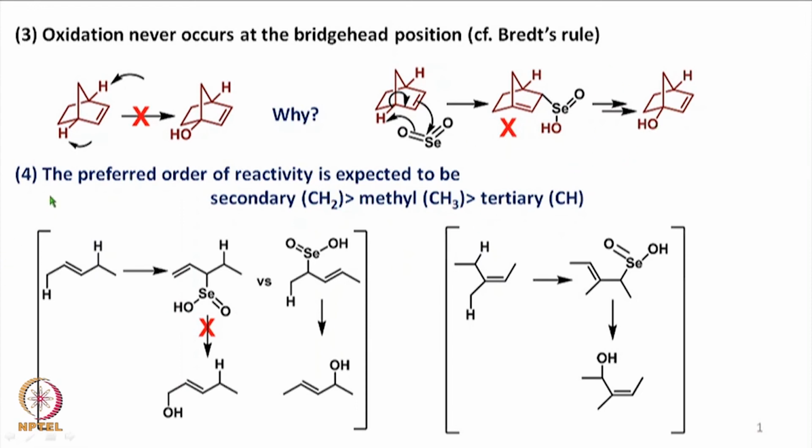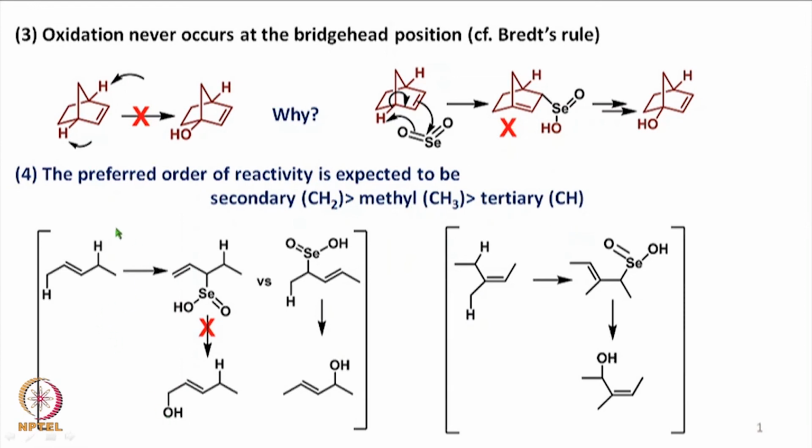According to the fourth rule, the preferred order of reactivity is that the secondary allylic hydrogen, that is of CH2 type, is oxidized over allylic methyl hydrogen, which is oxidized preferentially over allylic tertiary hydrogen.